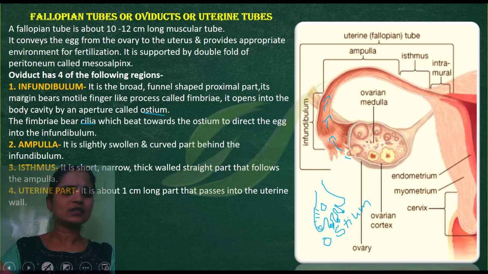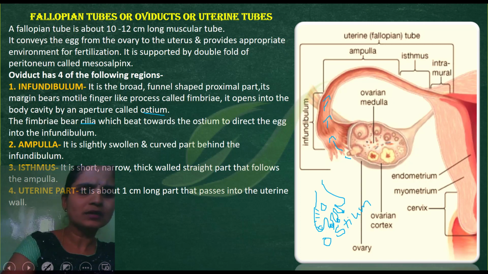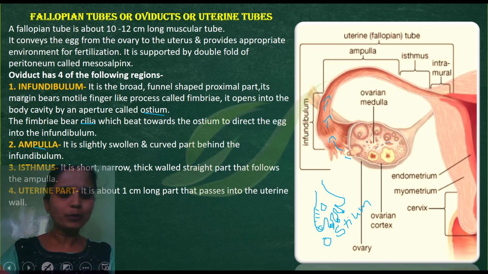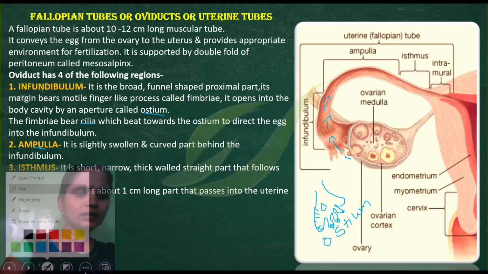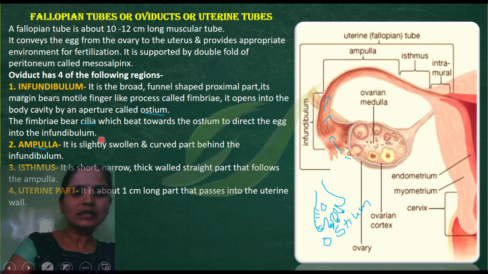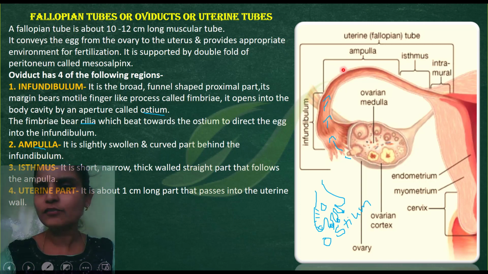The second part is called the ampulla. The ampulla is a slightly swollen and curved part behind the infundibulum. From this part to this part, this region is called the ampulla region. It is present next to the infundibulum.